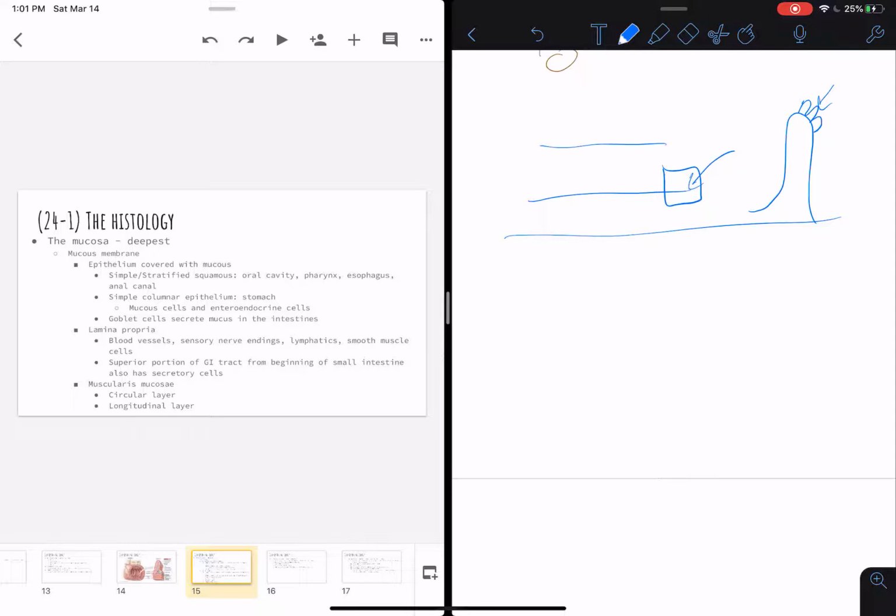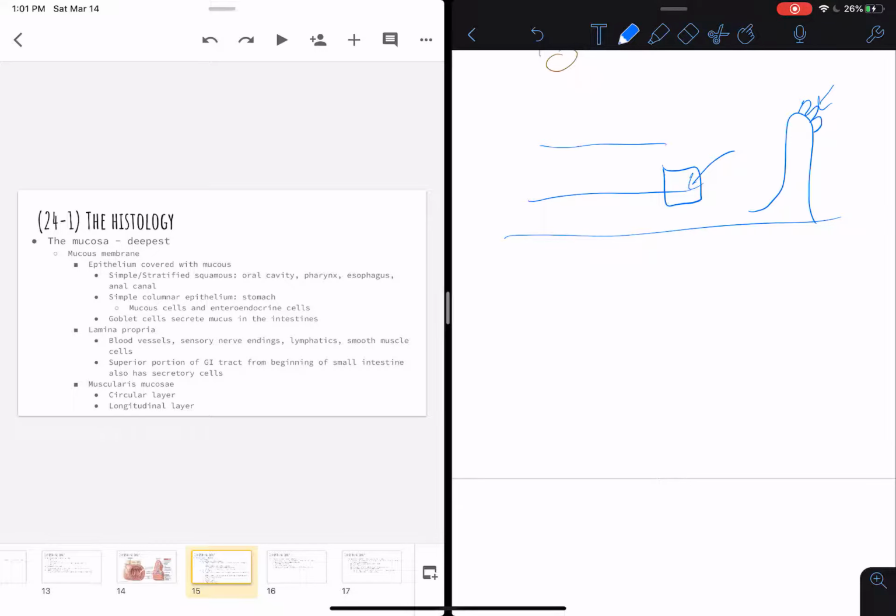Then in the lamina propria, just like with every lamina propria, we've got blood vessels, nerves, lymphatics, and a little bit of smooth muscle. The smooth muscle here is not the primary smooth muscle we'll really talk about, but there is a little bit of control from these muscular layers in terms of moving things, but it's more just for shape rather than actually moving things down the tube.